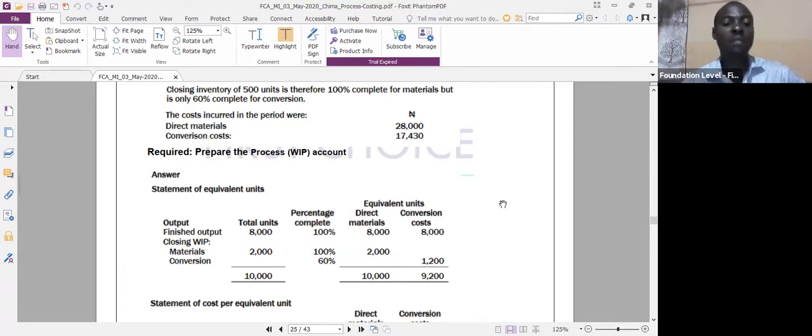So the 2,000 units of work in progress are 100% complete for material. Then for conversion, we have 2,000 total units; 60% of it gives us 1,200. So you add them together: 8,000 plus 2,000 gives you 10,000, and the other one, 8,000 plus 1,200, gives you 9,200. So that is your equivalent units.